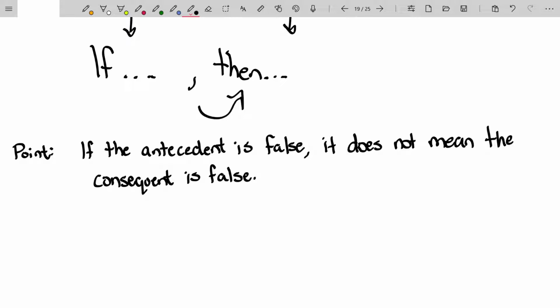For the most part, this little oddity is not a huge concern in mathematics, not for those at the lower division level, because you don't really run into any caveats to theorems, except now. For any of the theorems that I'm about to present, if the antecedent is false, it does not mean the consequence is false. And so I just need to state that. You'll see, and I'll try to draw your attention to it as we move forward, what I mean.